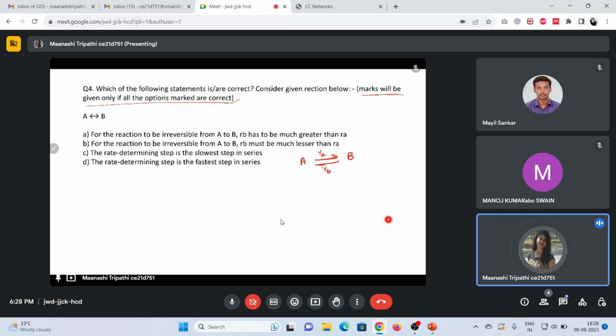If it is an irreversible reaction, meaning it is not coming back, then RA will be much greater than RB.